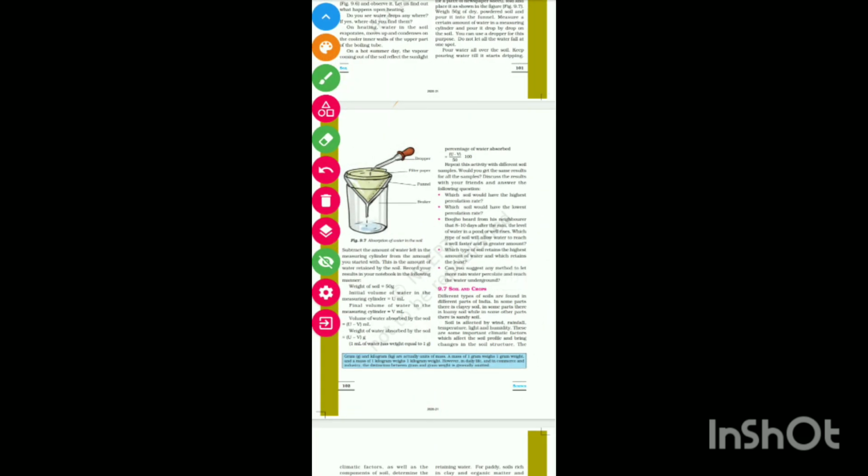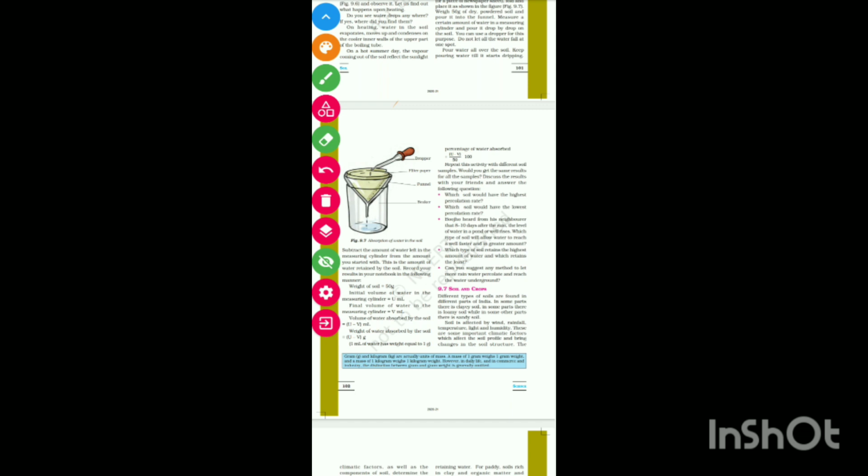For doing this, first you have to write the amount of soil, then the initial volume of water in the measuring cylinder as U ml, the final volume as V ml, the volume of water absorbed by the soil equal to U minus V ml, the weight of water absorbed by the soil equal to U minus V gram, and 1 ml of water has a weight equal to 1 gram. So percentage of water absorbed equals (U minus V) by 50 into 100.